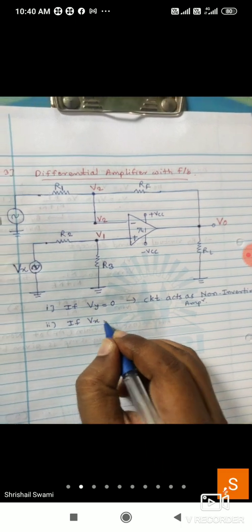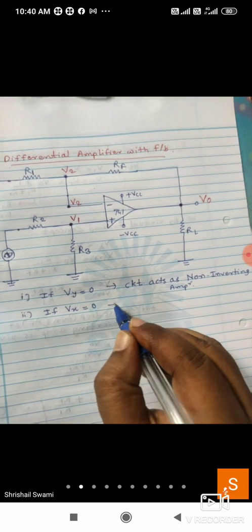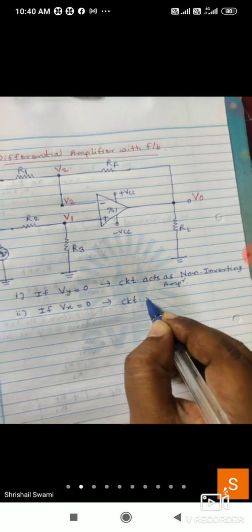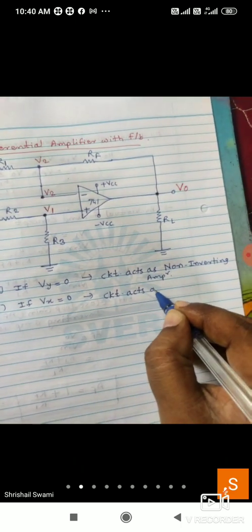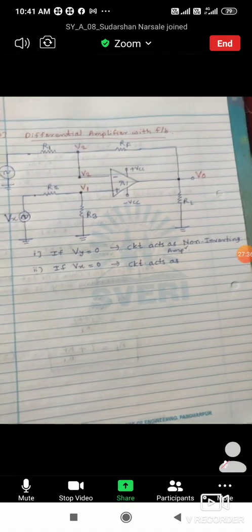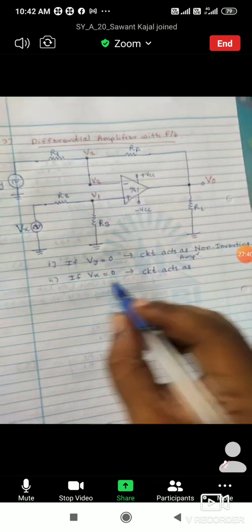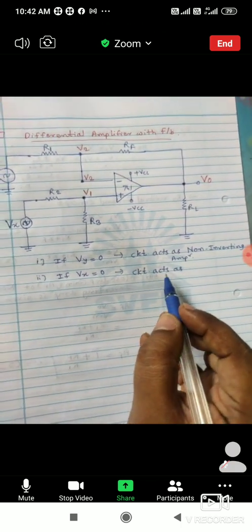Second case, if Vx is 0, meaning Vx is not there and it is connected to the ground, and Vy is connected at the inverting terminal, then the circuit acts as an inverting amplifier.